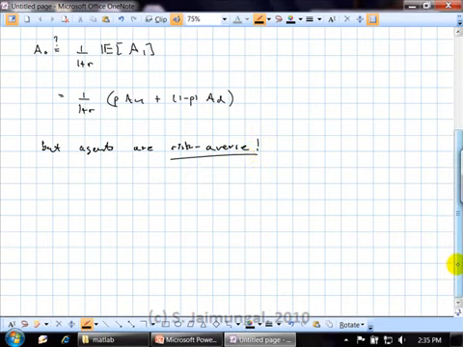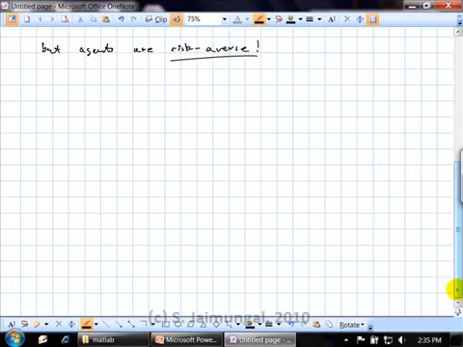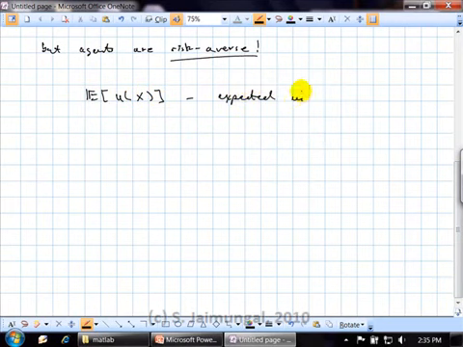If I have some amount of wealth, or some random wealth, what I would normally do in order to find out whether it's something I prefer or not is compute the expected value, not of the random outcome itself, but of the utility of that random outcome. This is the expected utility of terminal wealth.